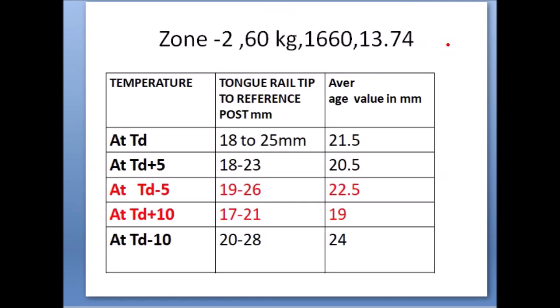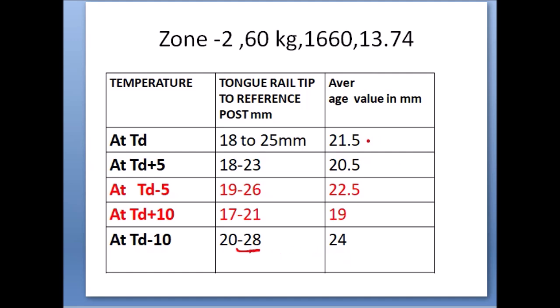I have made one table like this. At TD plus 10, the tongue rail should be at 17 to 21, and if it is in this range, then you need not adjust. If it is outside this, let us say 30, then you have to adjust such that you bring it to this range. Similarly, at TD minus 10, it should be 20 to 28.